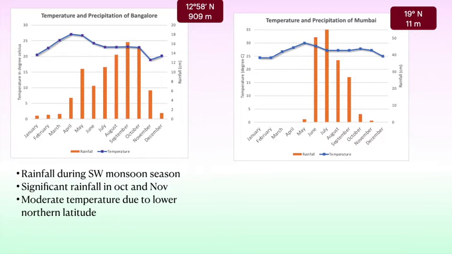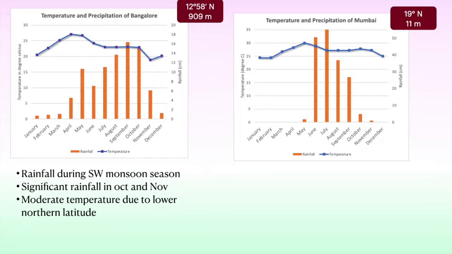As far as rainfall is concerned, Bengaluru receives rainfall during the southwest monsoon season. Look at the graph. June has minimum rainfall, then July, August, September, and even October receives a substantial quantity of rainfall. There is significant rainfall in October and November also.